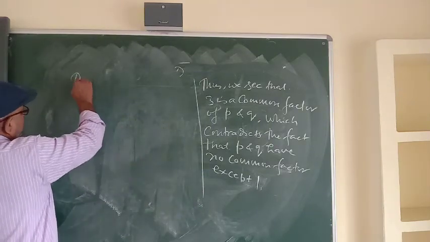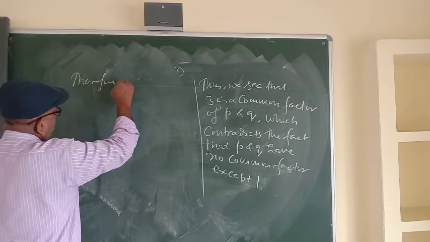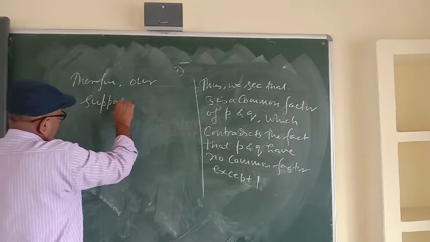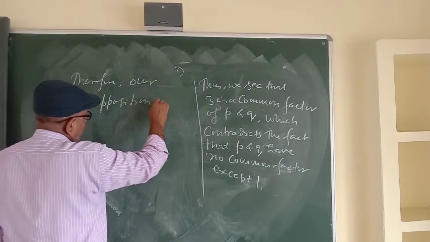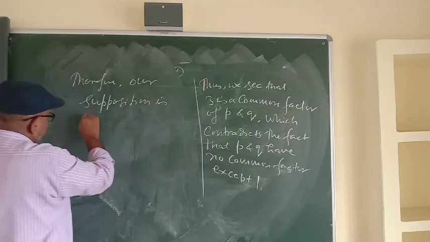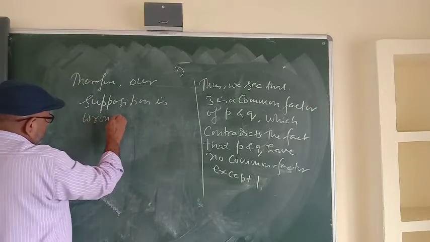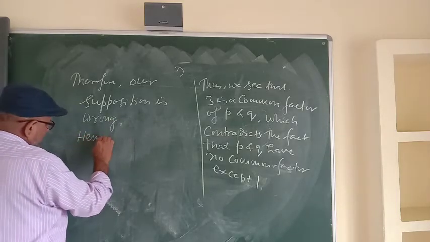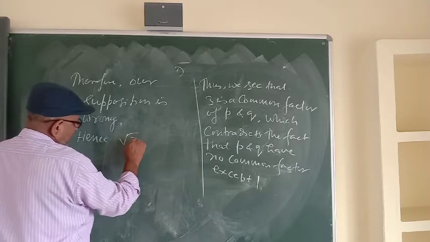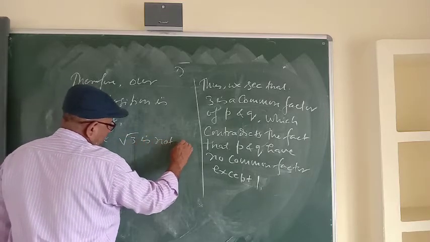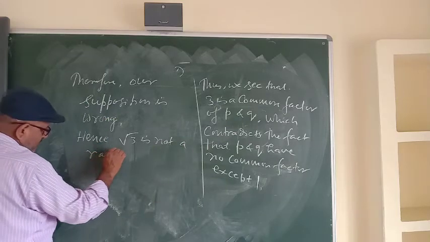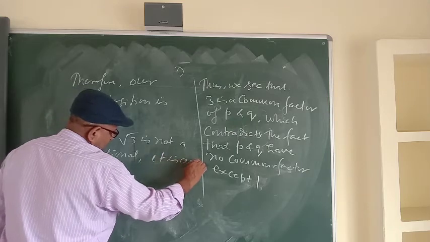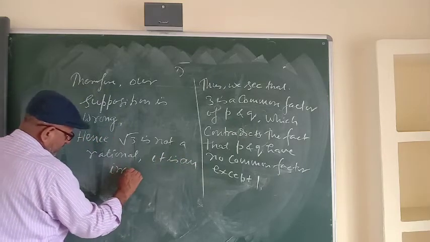So therefore our supposition is wrong. Hence root 3 is not a rational, it is an irrational number.